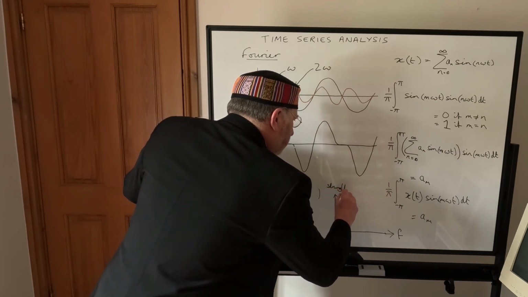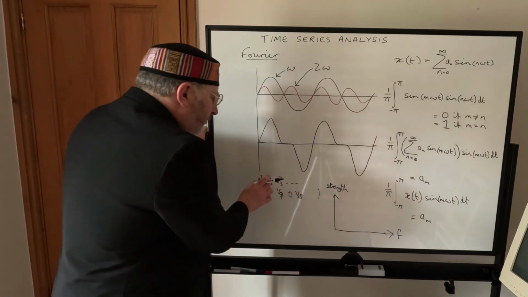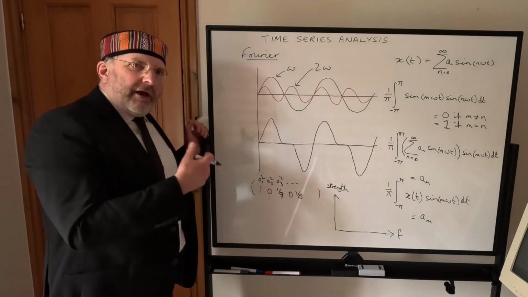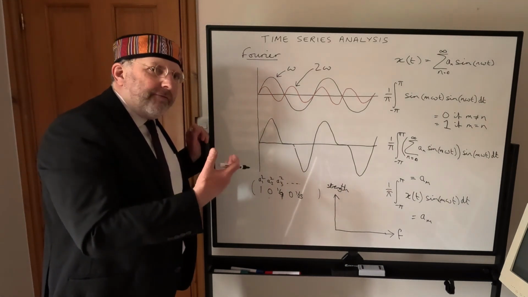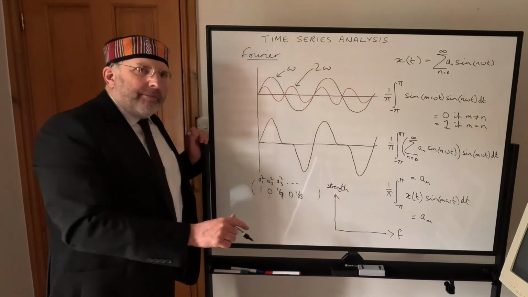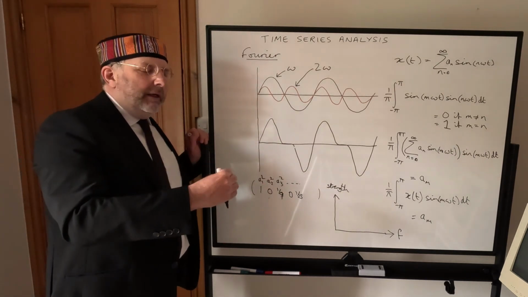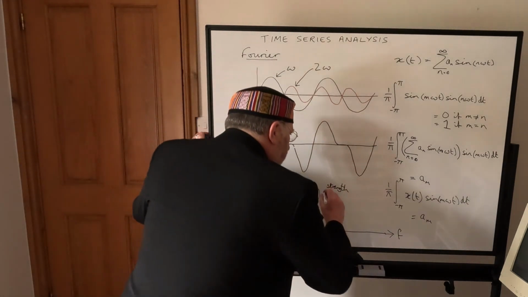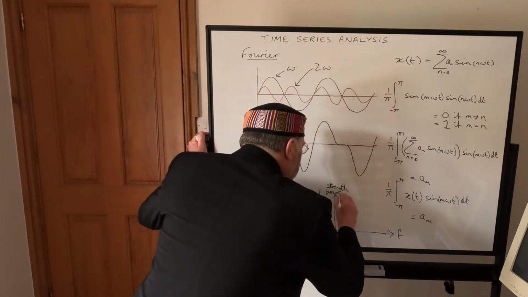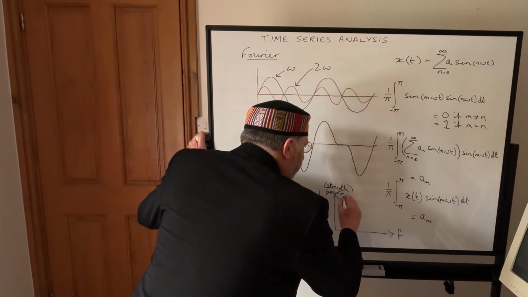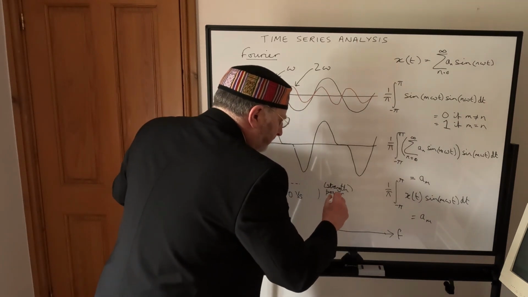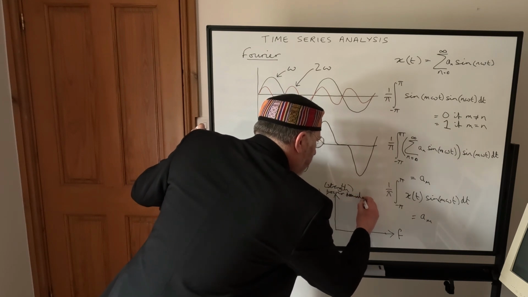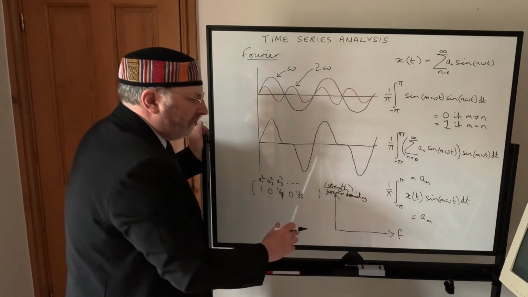When we square, if it's in a physical situation where it's a radio wave that contains different frequencies, the square of the amplitude corresponds to the amount of power in the signal at that frequency. So this is the power in the signal, or the power density. It's how the power is varying with frequency.